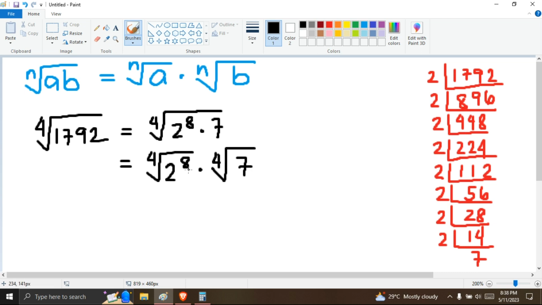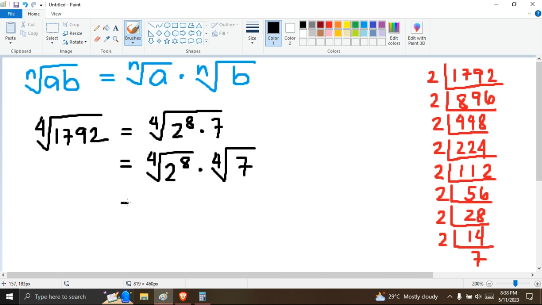So how are we going to extract 2 to the power of 8? Sayon na kani siya, guys. Kung ma-divide ang exponent sa radicand and the index, it means it can be extracted directly. So 8 divided by 4, that is 2.